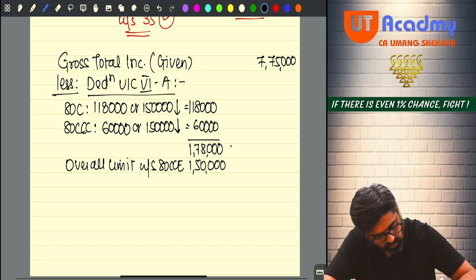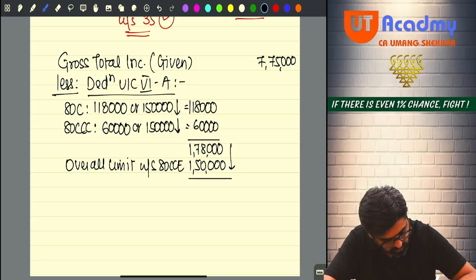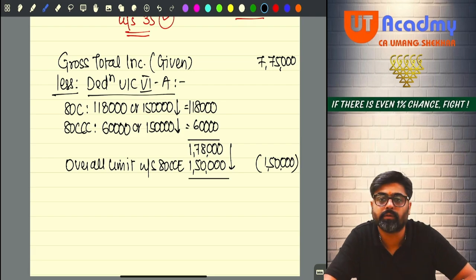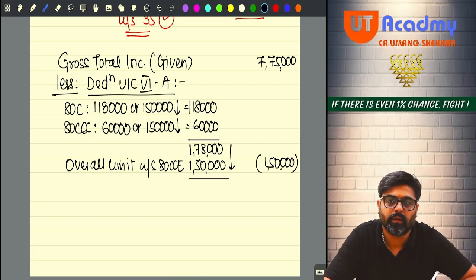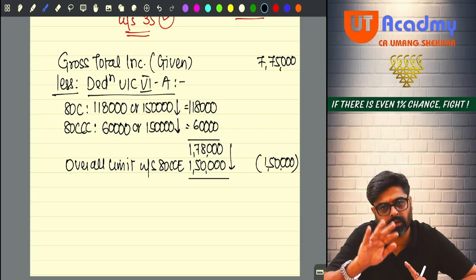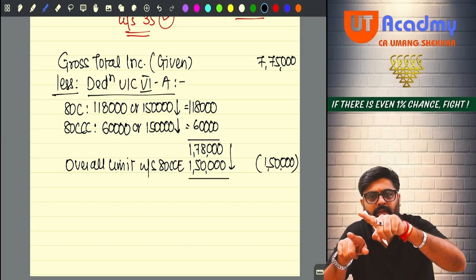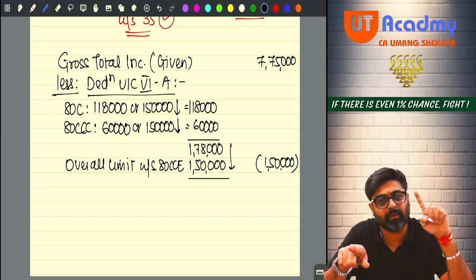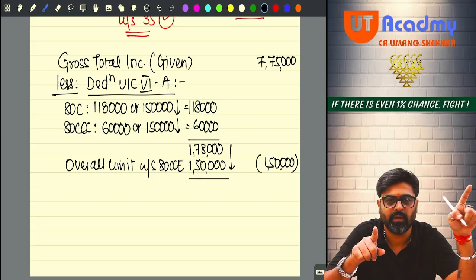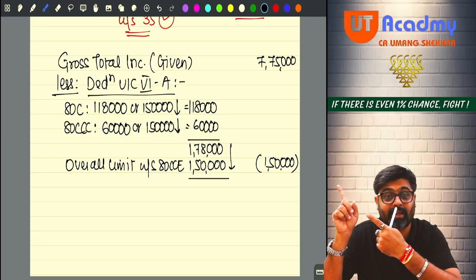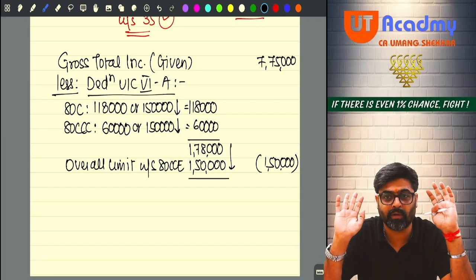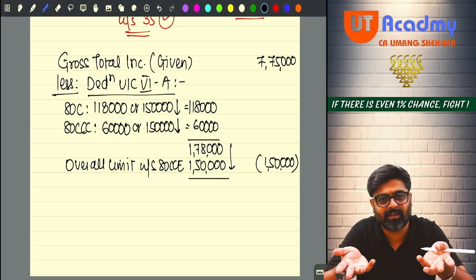Both of them taken together cannot be more than 1,50,000. Yes or no? So this will be 1,50,000. Did you make any mistake over here? Krishna, you committed a mistake here. Now you understood? See, this is your learning phase. Once you commit this mistake, you are not going to do it again. Next time whenever this comes in front of you, you will be aware. In that question I made the same mistake; now in this question I am not going to. So we are doing that only here.